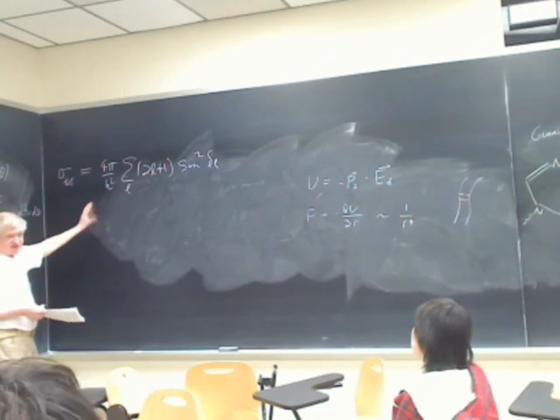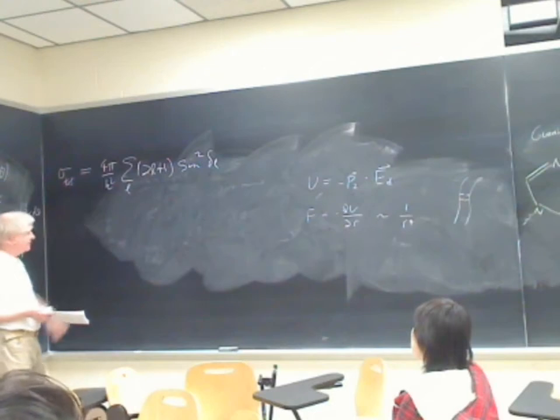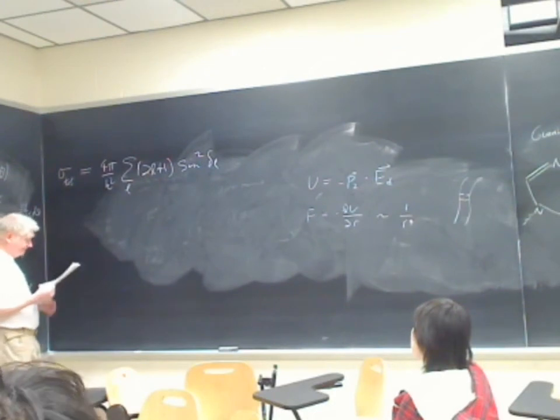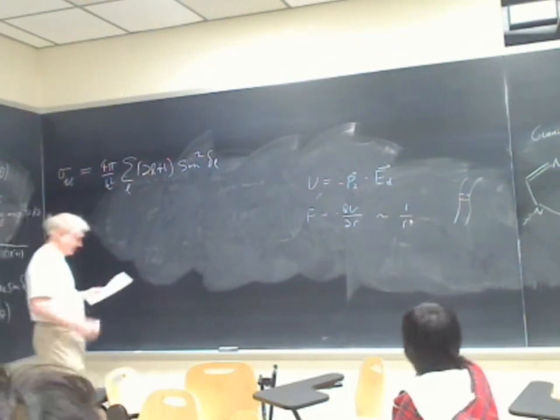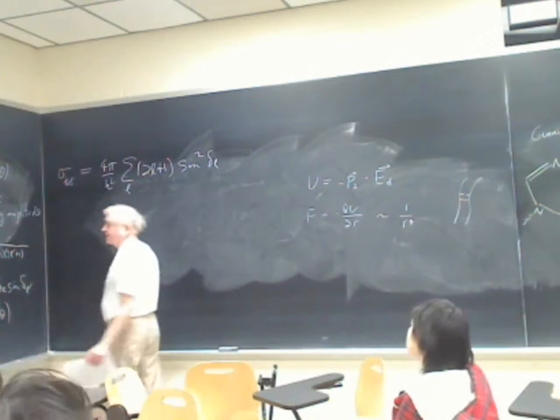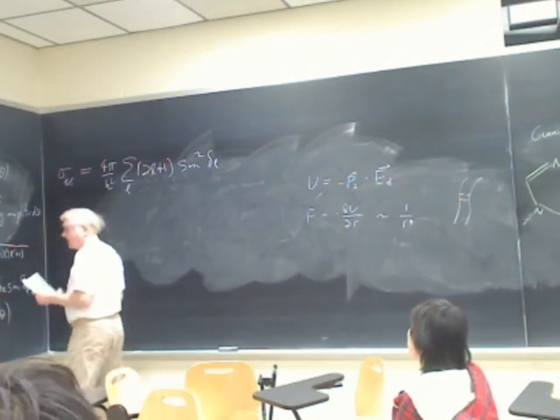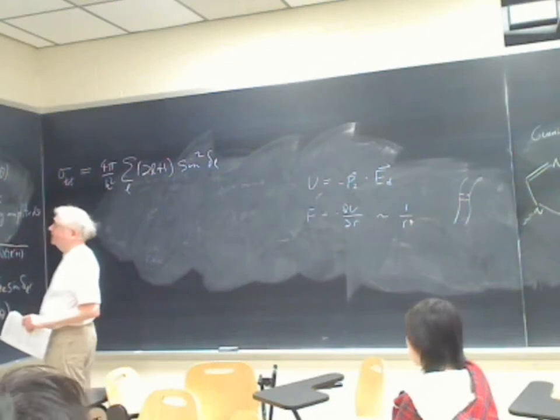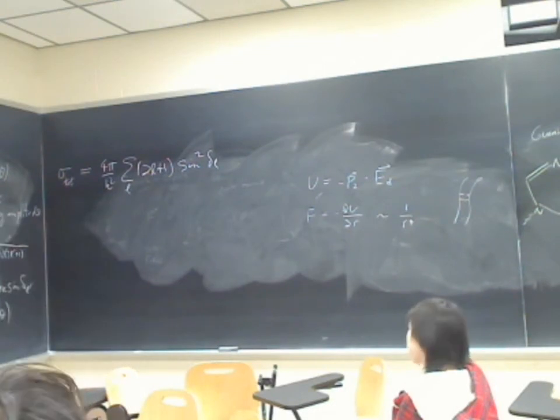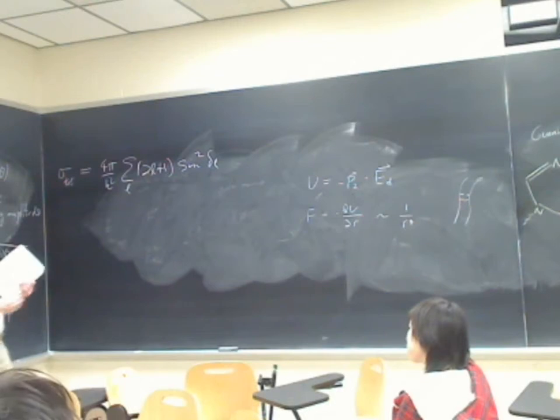It would be infinity squared, essentially. Now let's notice something that's kind of amusing. Let's look at the scattering amplitude in the forward direction and multiply it by 4 pi over k and see what we get.